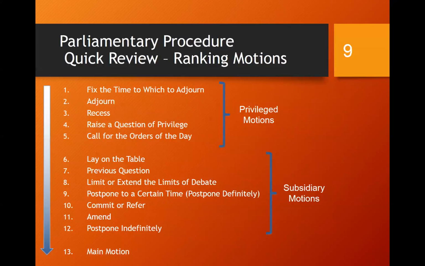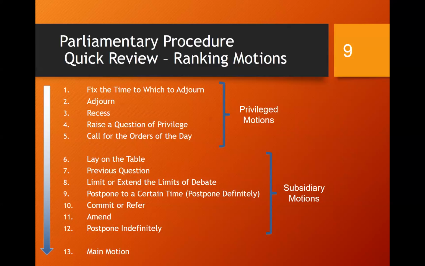Within parliamentary procedure, there is what we call ranking of motions, and there's a chart in the presentation that has the motions listed in order of importance. At the bottom of the list is what we start with, which is the main motion. There are a lot of motions that take precedence over the main motion.